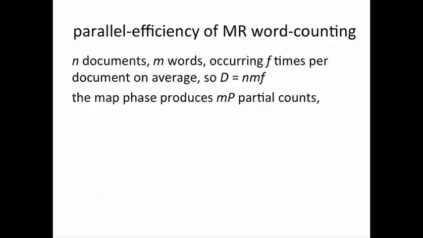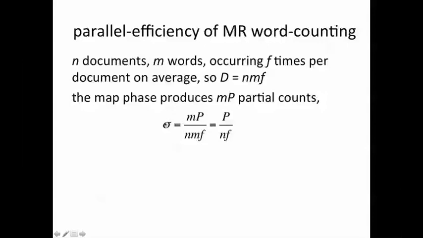We assume that at worst there will be mp partial counts, which gives us sigma as the data after the map compared to the data before it, and there you get p over nf. Now you see the ratio n over p creeping in through the sigma. So the fact that you actually had a shrinkage of data will end up helping us.